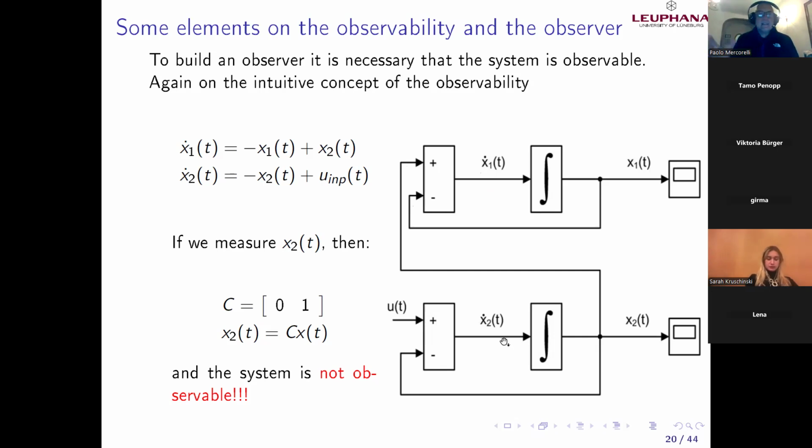This means I can say that x1 derivative equals x2 minus x1. In the same way, x2 derivative equals u, everything as a function of t, minus x2, because it is written here.